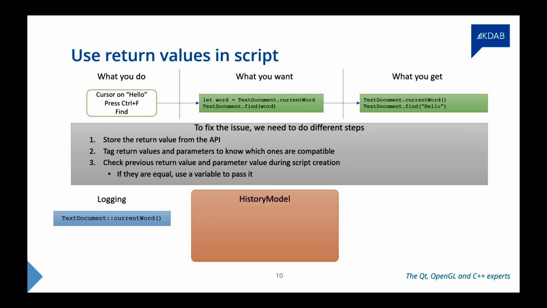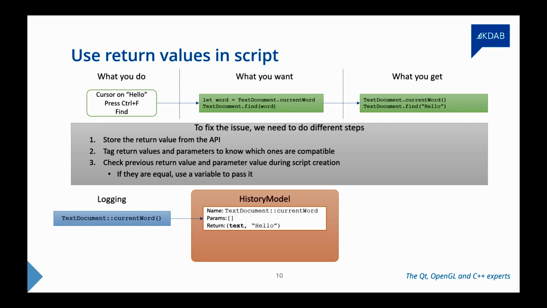So let's have a look now. If I'm searching something, I'm going to call current word. Current word is going to store something in my history model. And what it's going to store is the API, the parameter, but now we have a return value. And you can see the return value here.